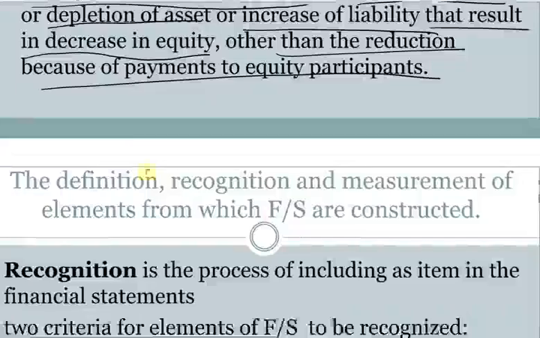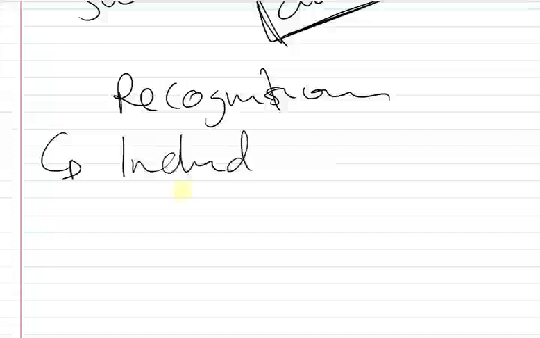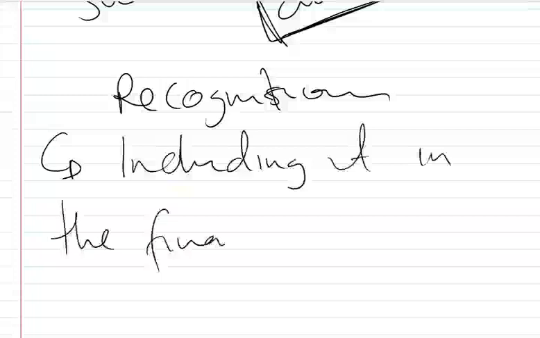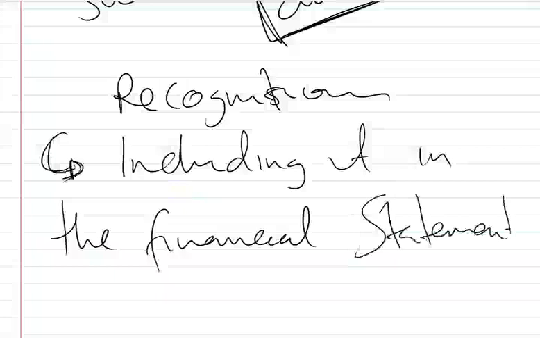So, let us now look at the recognition of elements. When we are talking about recognizing an element, we're actually saying that we are including it in the financial statements.